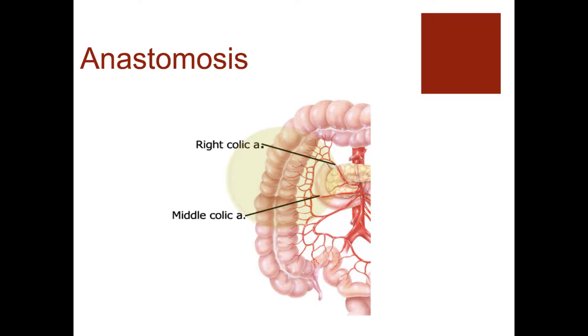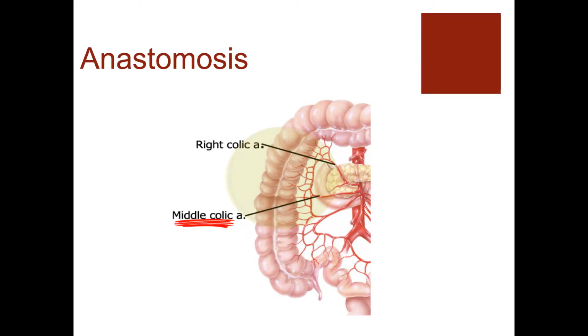So an example that you see here is blood supply to the right colon. Now, if, for instance, the right colic artery becomes blocked due to a clot, becomes compressed or damaged in some way, we can send blood to the same area of the colon through the use of the middle colic artery that you see here.